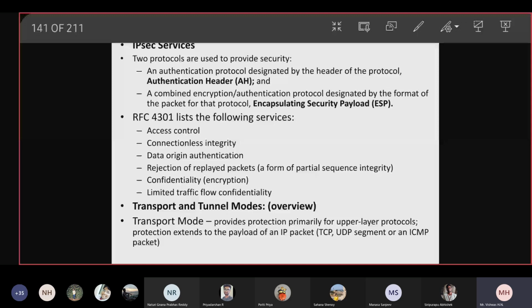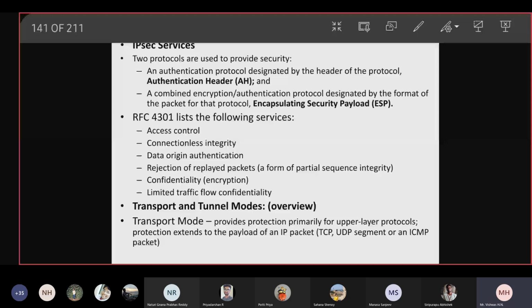But if you are using a VPN, what happens? The VPN software running in your system will encapsulate this packet with header A into the payload part of another packet with header B. Is that clear?